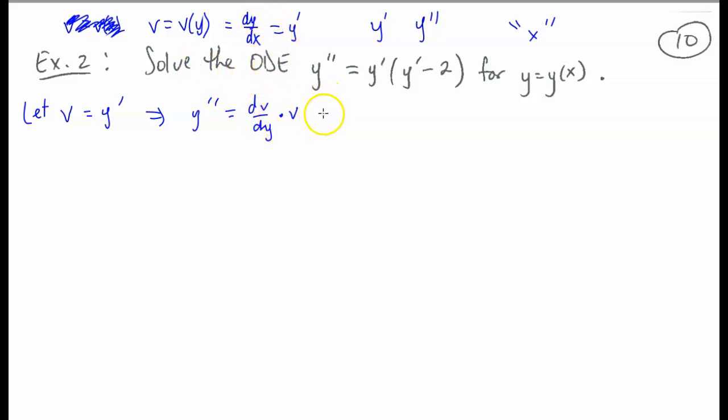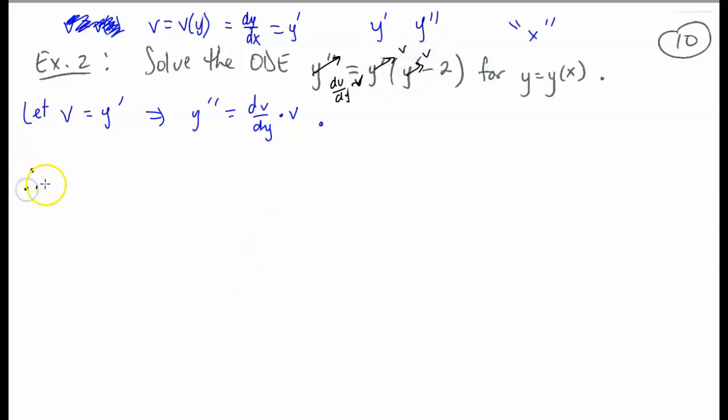So now that we have that, my y double prime is going to be this dv over dy times v, and my y primes here and here are just going to be v, okay?